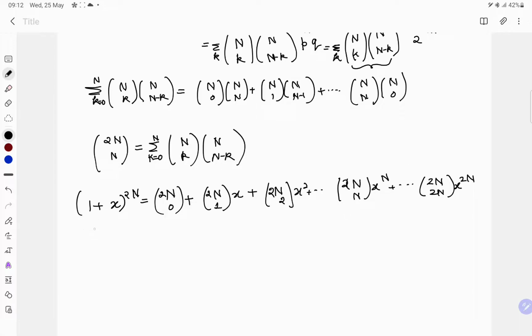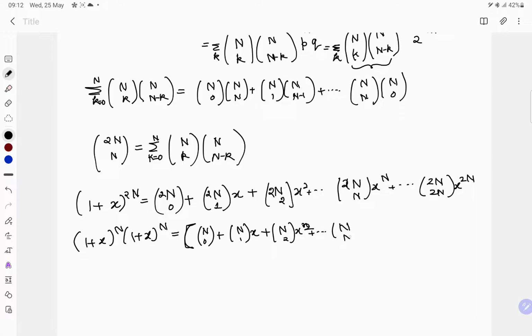Now this can be equally written as (1 plus x) to the power n times (1 plus x) to the power n. And now apply the binomial expansion to each of these. So what will you have? You will have nC0 plus nC1 x plus nC2 x squared, and so on, nCn x to the power n.